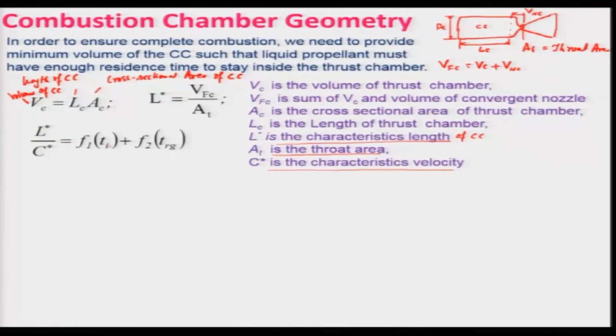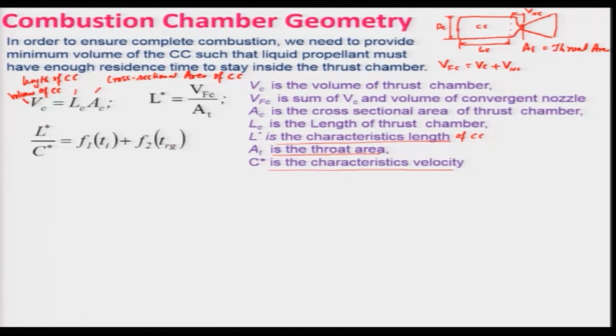We have also defined the combustion efficiency using the characteristic velocity, which is a function of Ti, the ignition delay, if I consider a non-hypergolic propellant. When I consider a hypergolic propellant, I consider TLC, the time required for the combustion of liquid propellant, or liquid phase combustion. And TRG is the residence time for the gas.